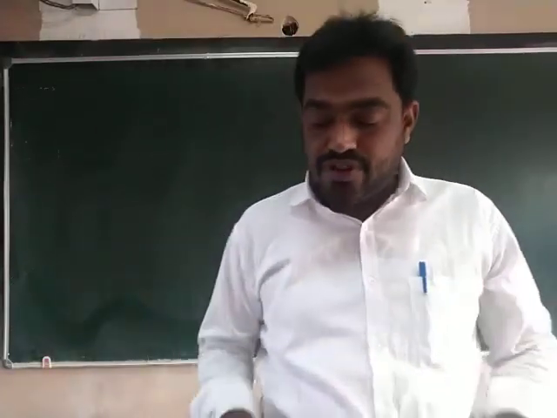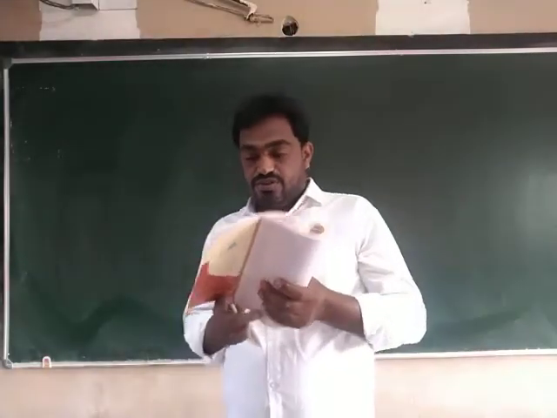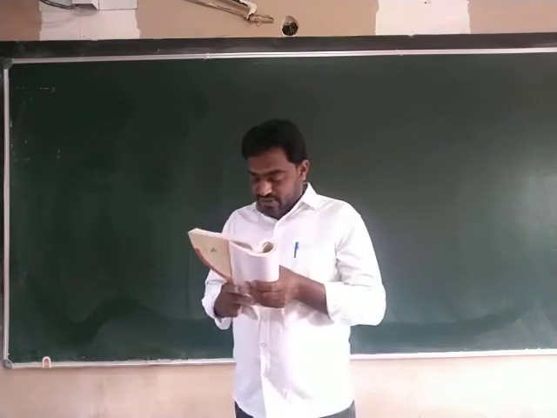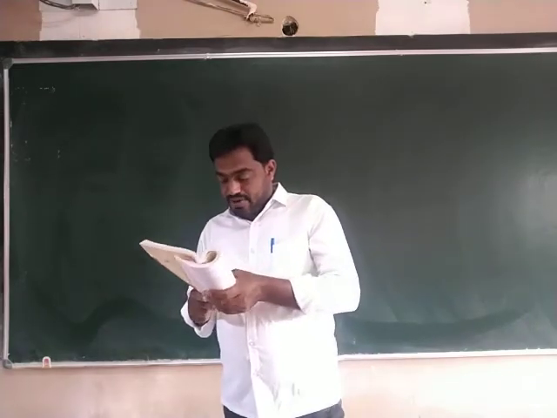In this video, we are solving the solutions of exercise 10.3, vector algebra. First question: find the angle between two vectors, vector A and vector B, with magnitudes root 3 and 2 respectively, having A dot B equal to root 6.